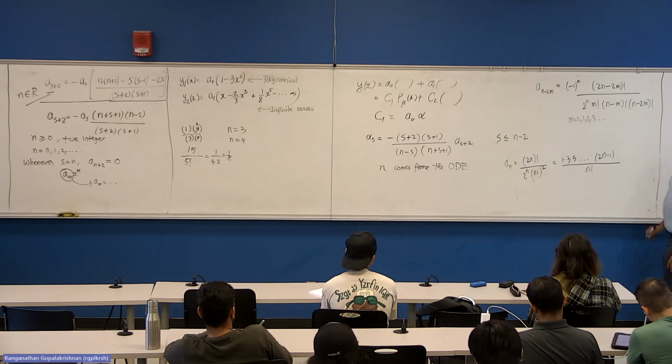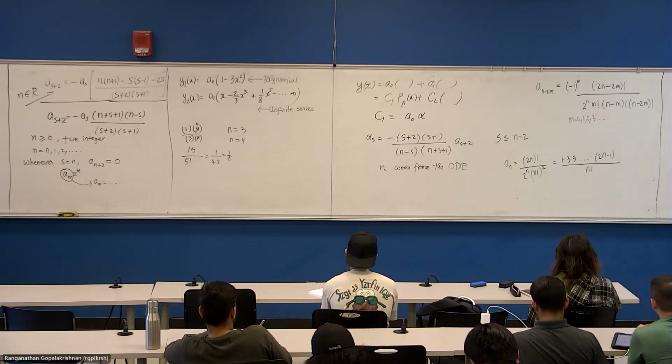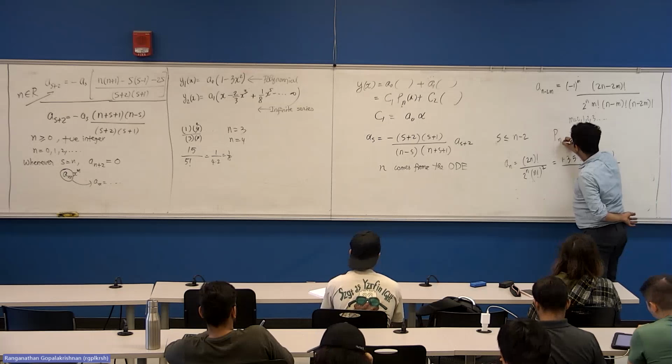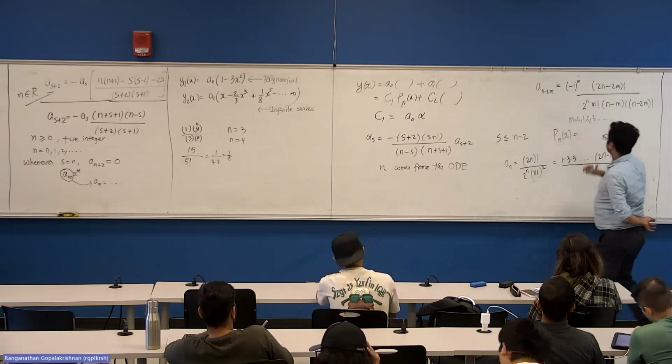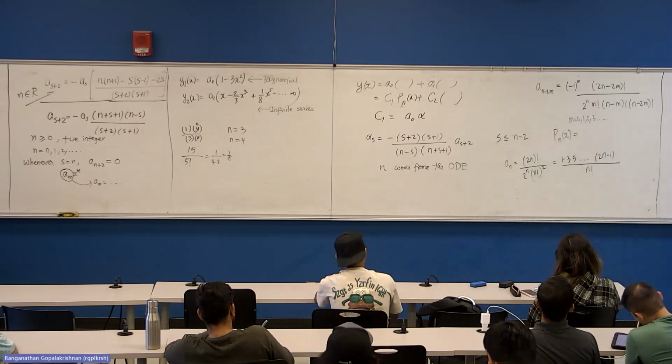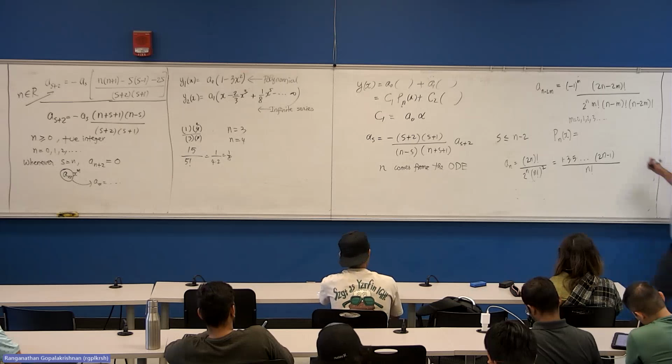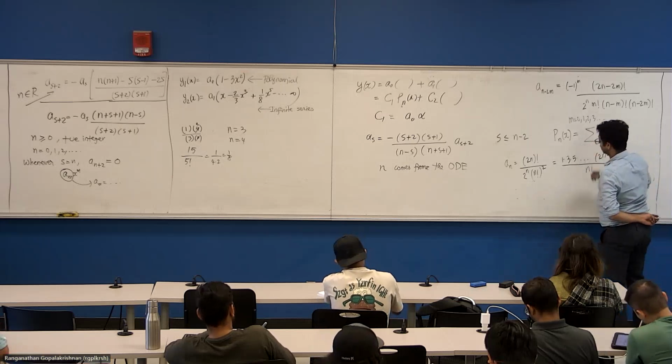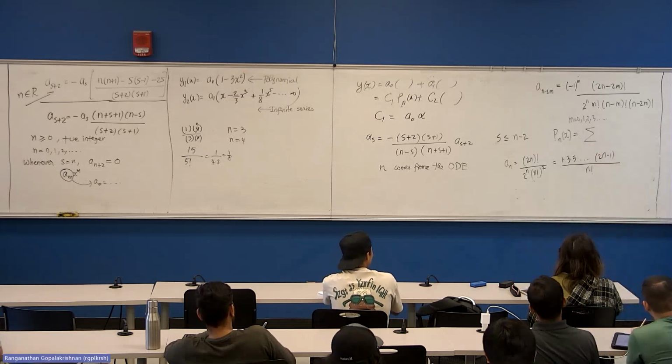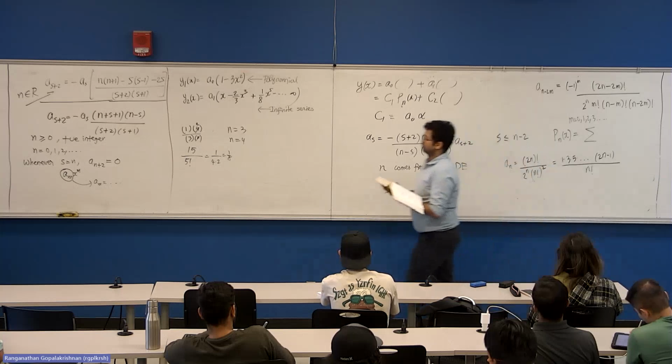So if you write Pn of x, Legendre polynomial of order n, it is written as a summation.